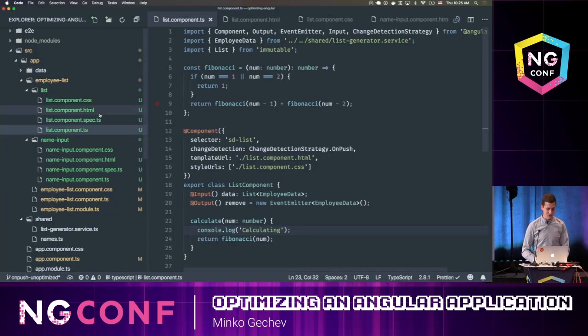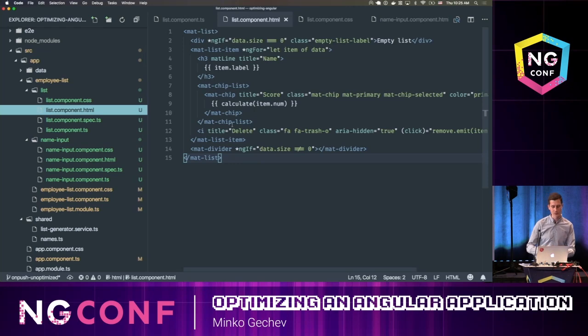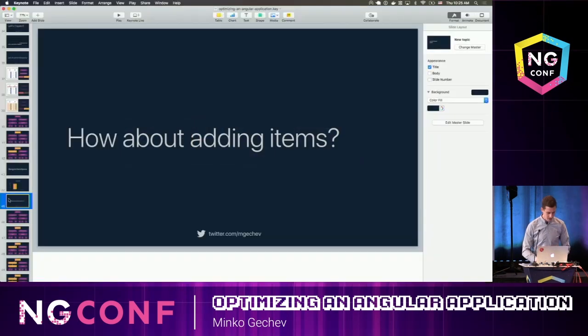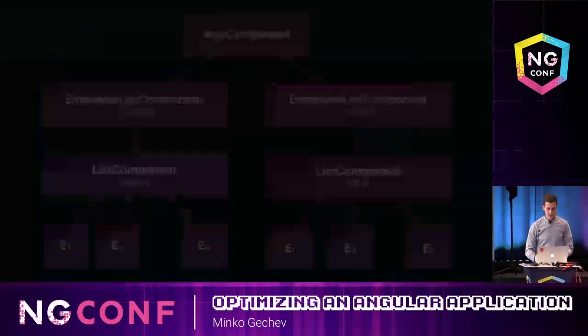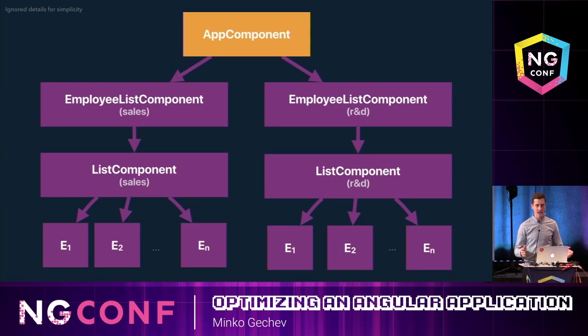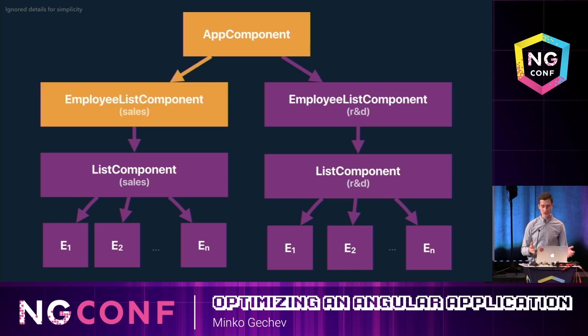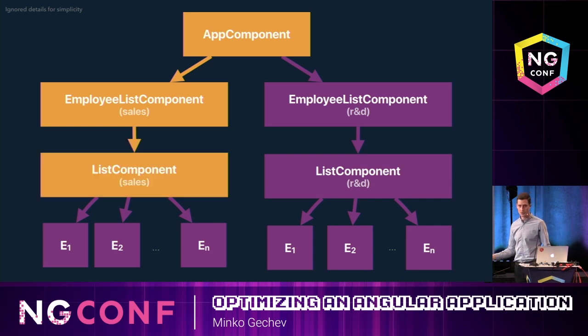First, let's go to the diagram. We're going to add a new element. We're going to trigger a change detection in the app component. The change detection is going to be triggered in the employee list component. After that, in the list component, because we have gotten a new reference, right?